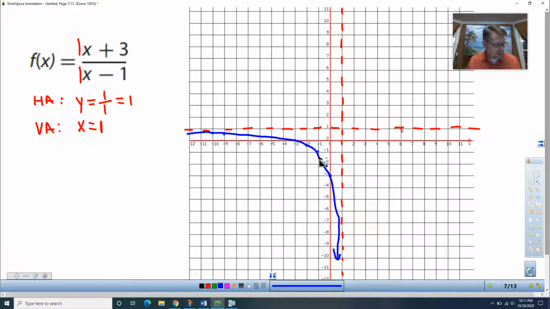Keep on rolling here. I got 2, 5 over 2, up 5. 3, 3. 4, 2.5. 2.3, excuse me. 5, 2. 6, 1.8. 7, 1.6. 8, 1.5.